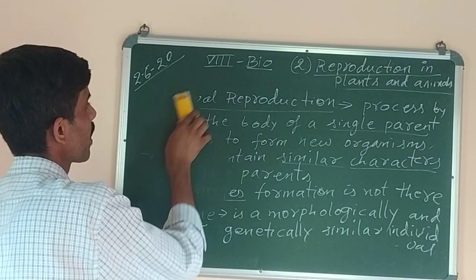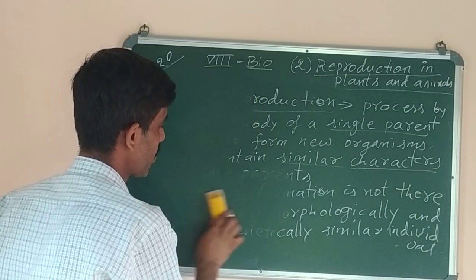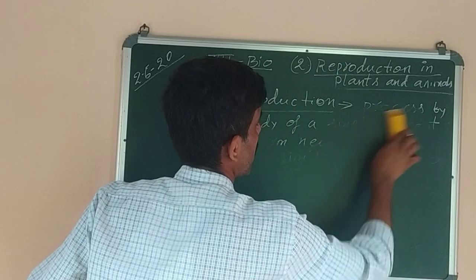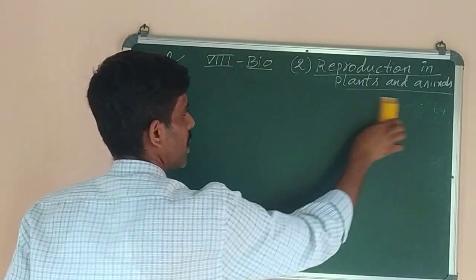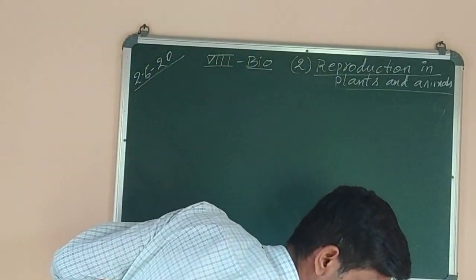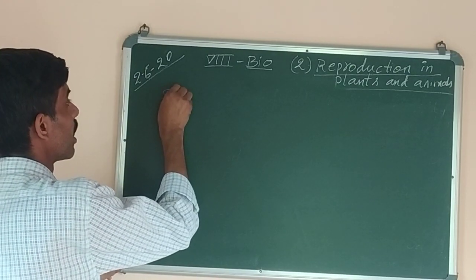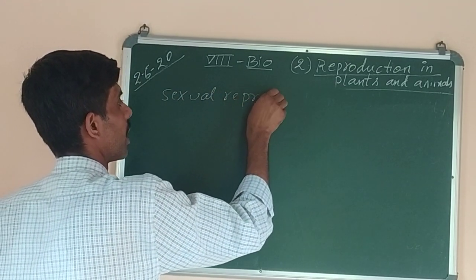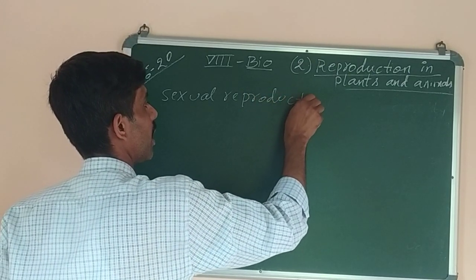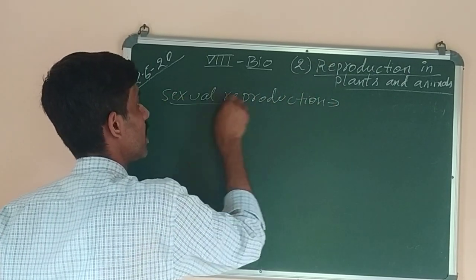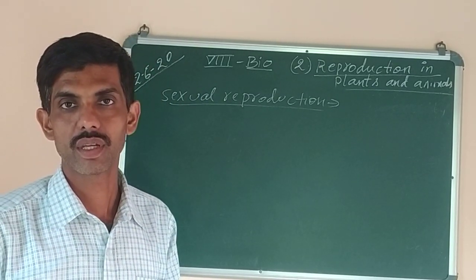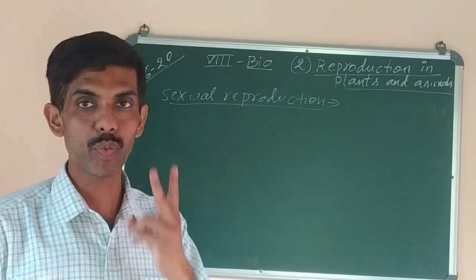Now next we have the second one. Sexual reproduction is the process in which two parents are required.